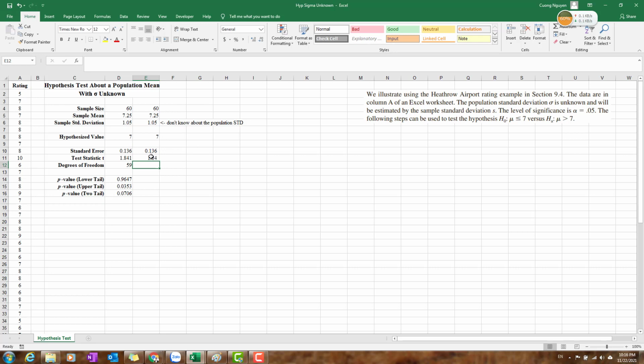That could be the point. And finally, the degrees of freedom equal the sample size minus 1. Okay, that could be the point.